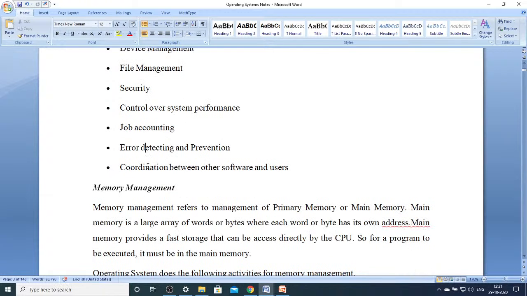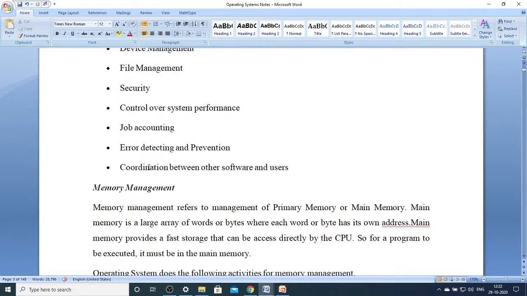And likewise, coordination between other software and users. This is established through the communication mechanism. The communication mechanism is also the responsibility of the operating system, which ensures that the software and the users can communicate when using some resources.